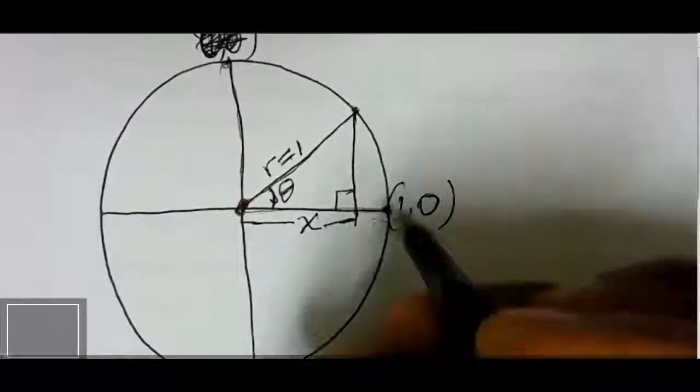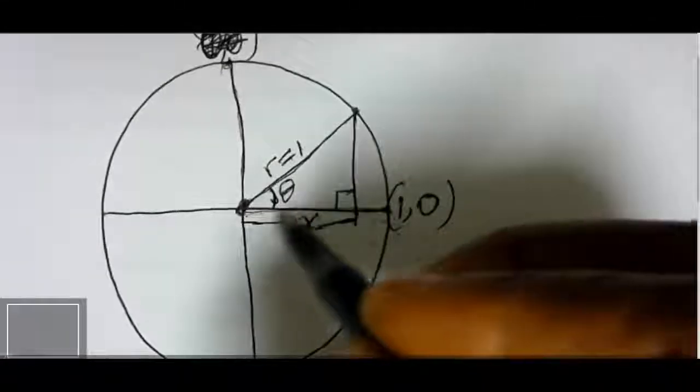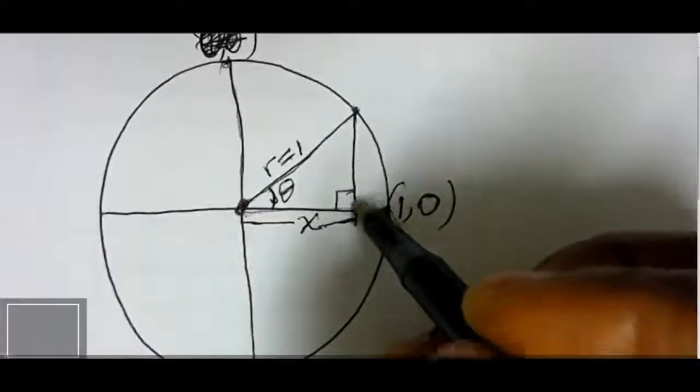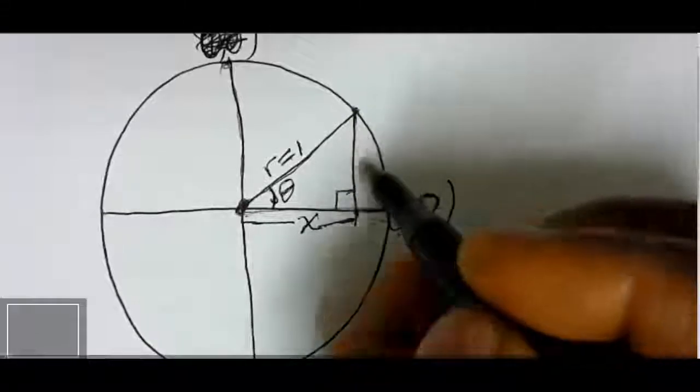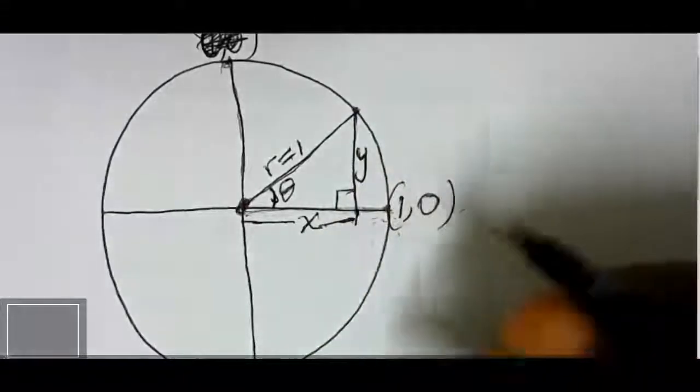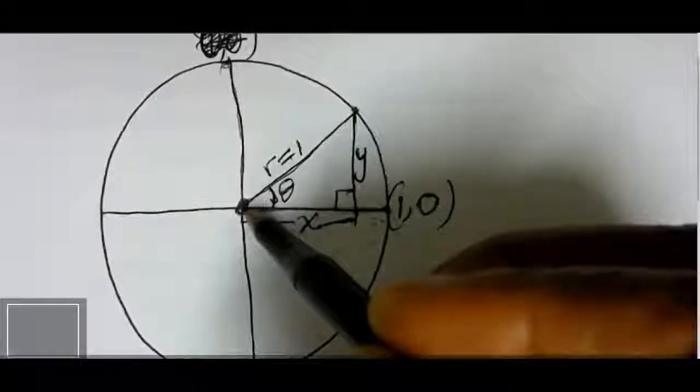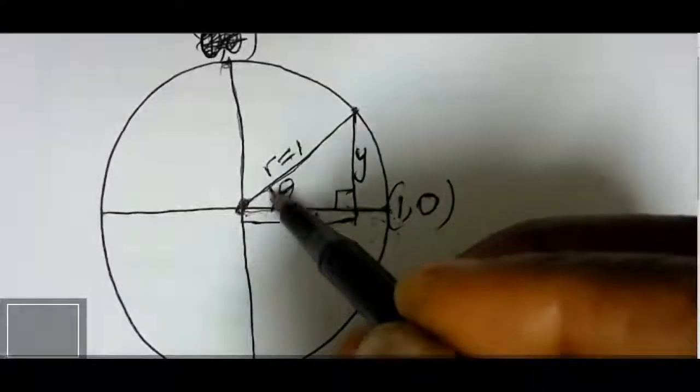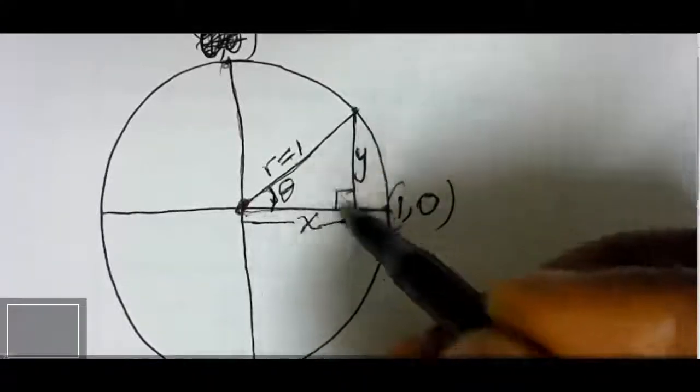Call it x because it's a horizontal line. Horizontal goes with x. And then this vertical side, we name it y. And that gives us a right triangle with angle theta, and this is the hypotenuse. Hypotenuse is facing the right angle.